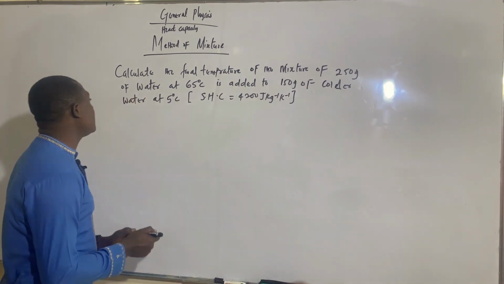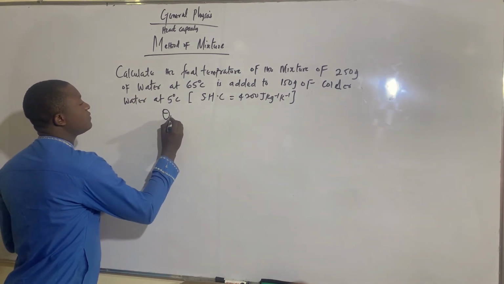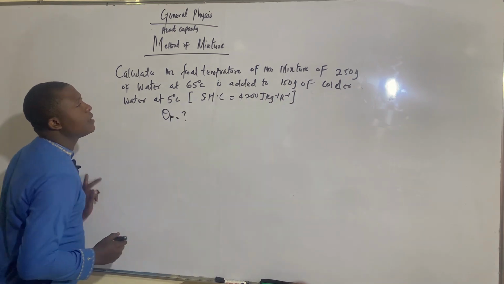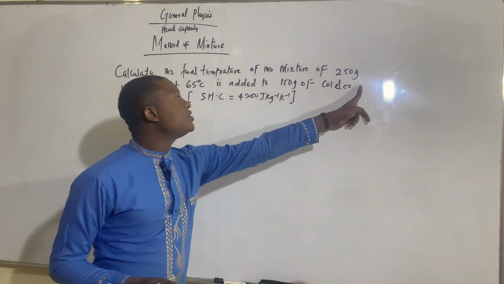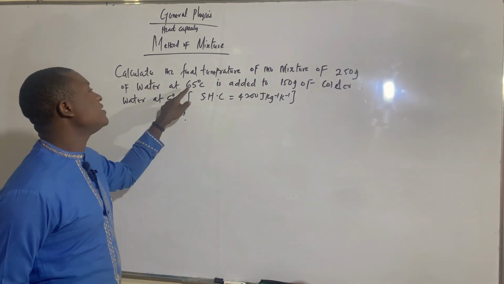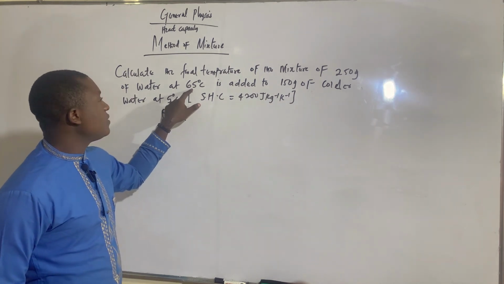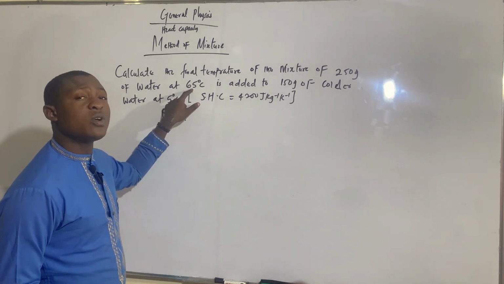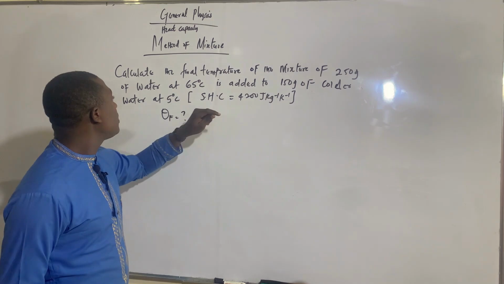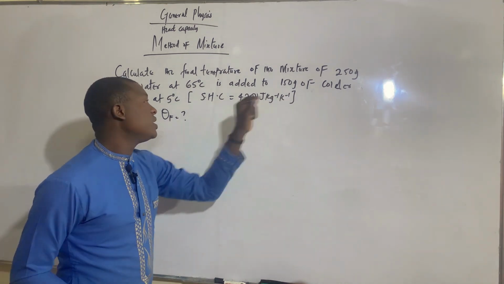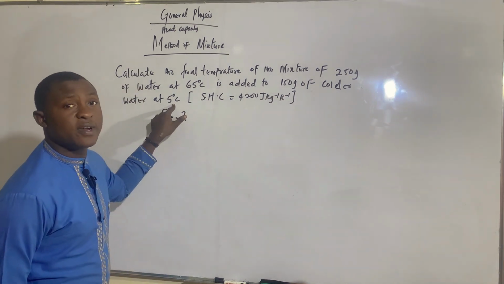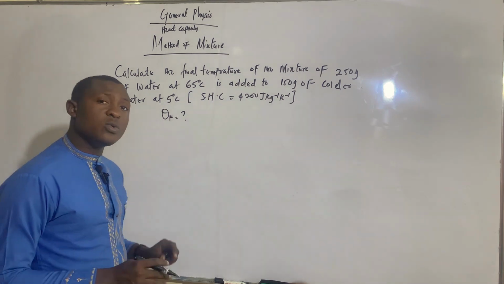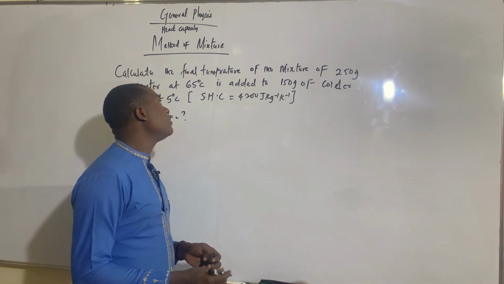So let's say we are looking for the final temperature of 250 grams of water at 65 degrees Celsius. From there, I don't know if it is going to be the hot one or the cold one. But if you look at the second data, they even mentioned there, and that one has a temperature of 5. So meaning the one with lower temperature will be gaining, and the one with higher temperature will be losing.